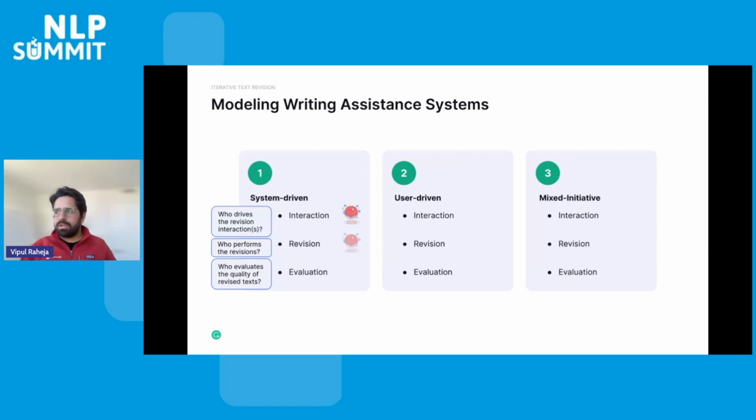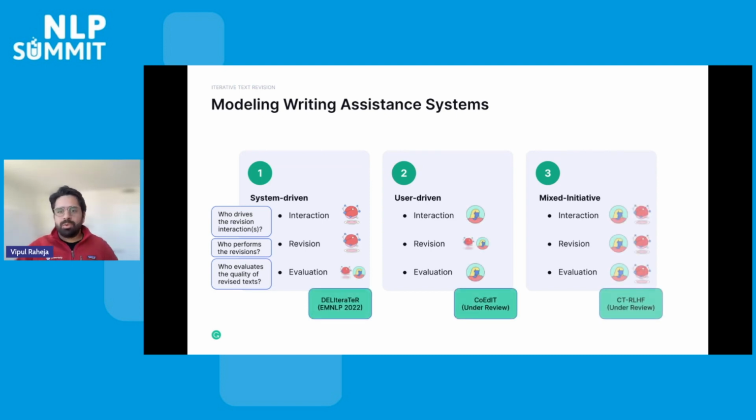So our first work, called Deliterator, is quite system heavy, with the user driving only the evaluation by accepting or rejecting the edits proposed by the writing assistance system. We followed it up with another system called CoEdit, which is mostly user-driven. We leverage instruction tuning to enable the user to drive both the interaction and evaluation.